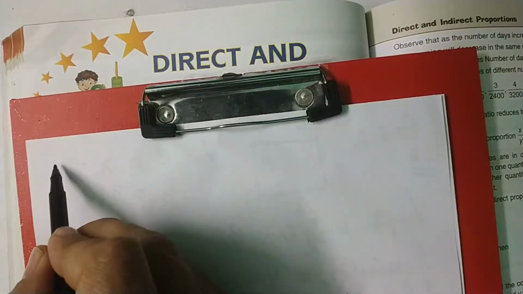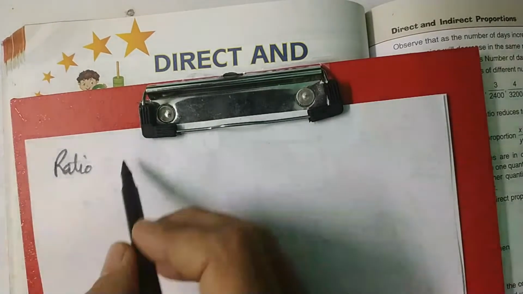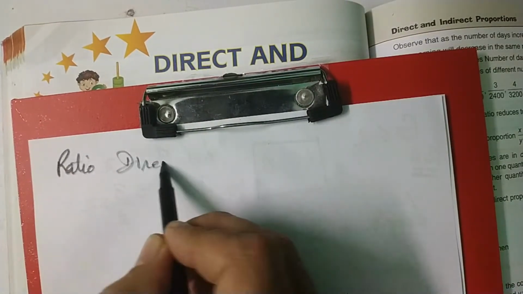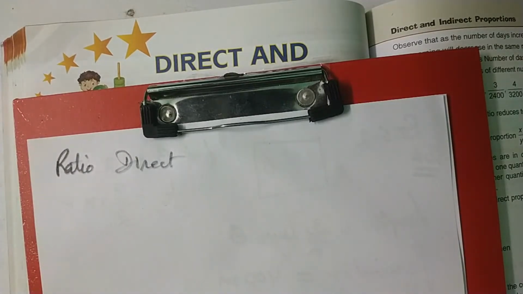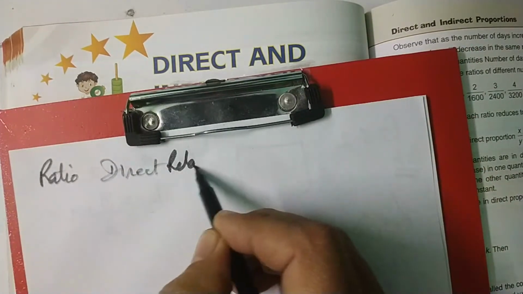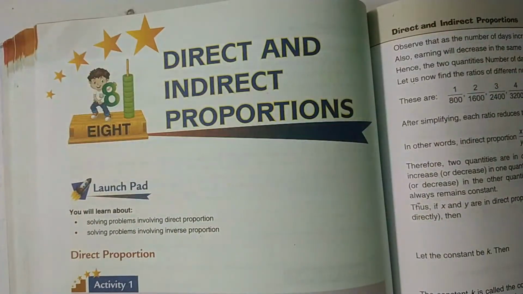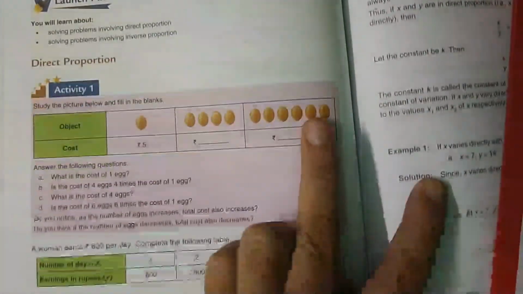So when we say proportion, it means there is a ratio. When you say there is a direct ratio, direct means there will be a direct relation. Quickly I will explain, and the concept is given in this book with an example.